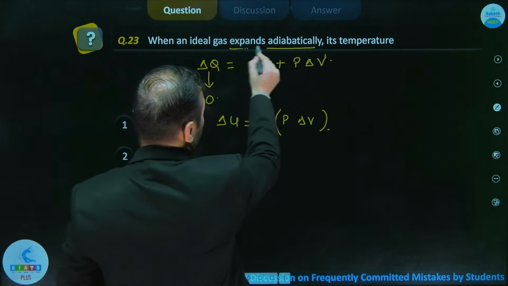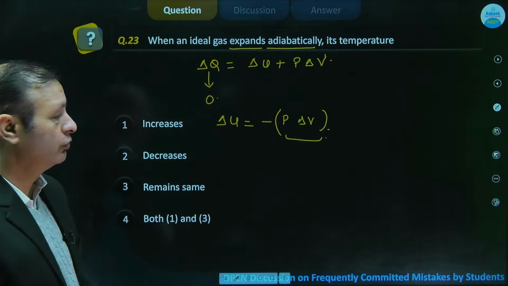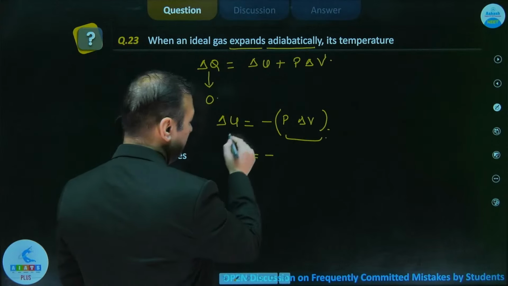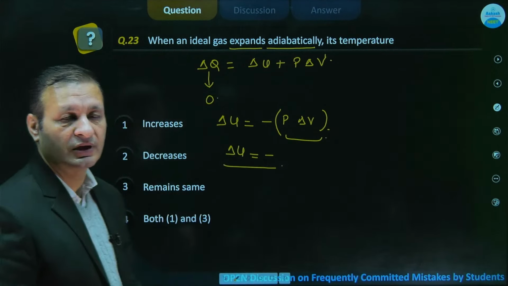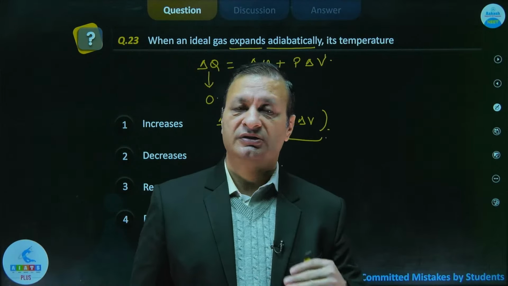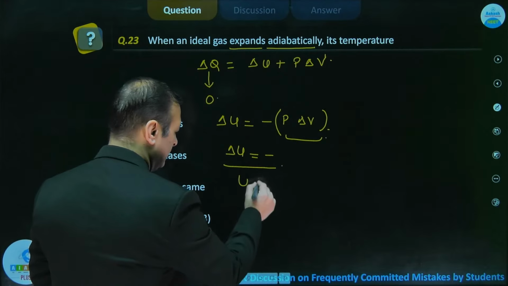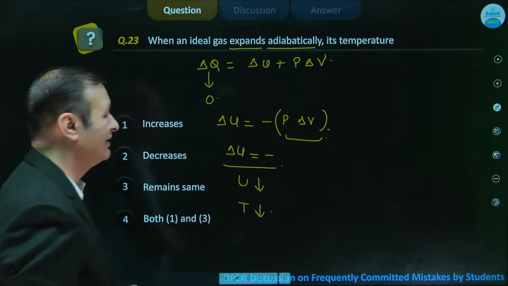Now the gas expands. In the expansion, P delta V is positive, so ultimately delta U becomes negative. The change in internal energy is negative, and internal energy is a function of temperature. So if internal energy decreases, temperature also decreases.